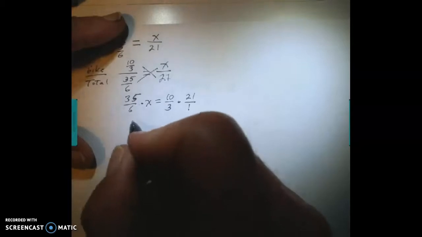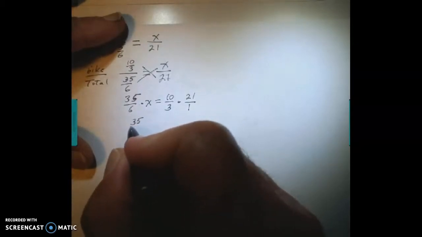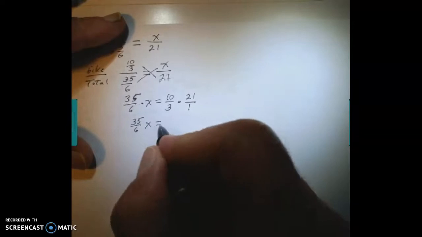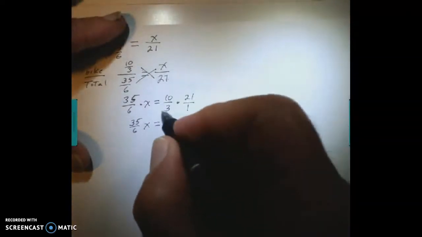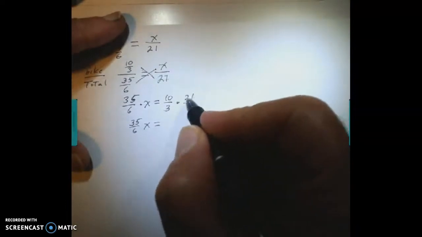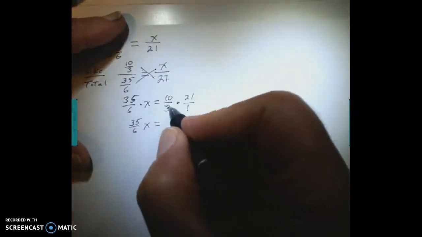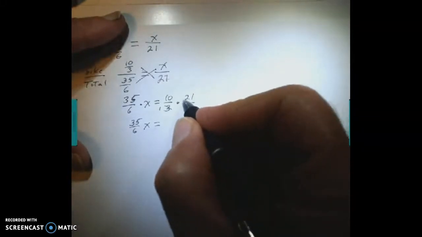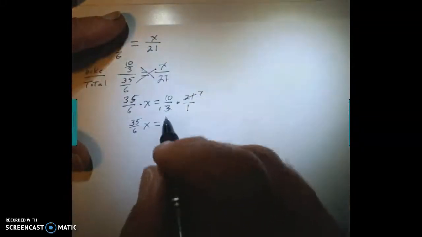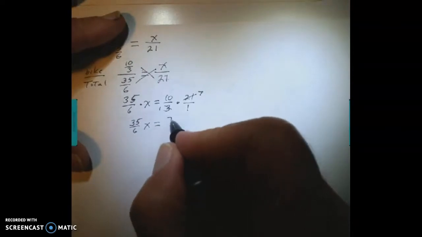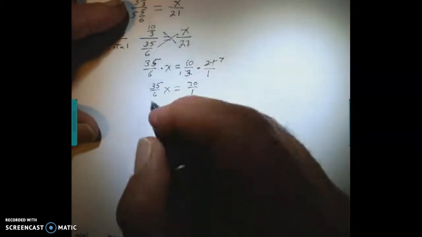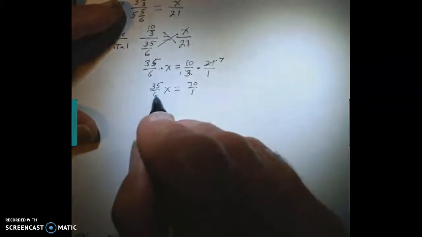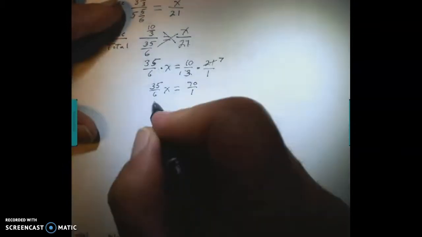Okay, 35/6, that's just going to be 35/6 x equals, over here, reducing before you multiply is a wonderful tool. 3 and 21 can both be divided by 3. 3 divided by 3 is 1. 21 divided by 3 is 7. So multiplying now, I get 70 over 1. I'm going to leave it that way, even though that is just 70, because I still have to work with the fraction over here, and it's going to help to keep this as a fraction.